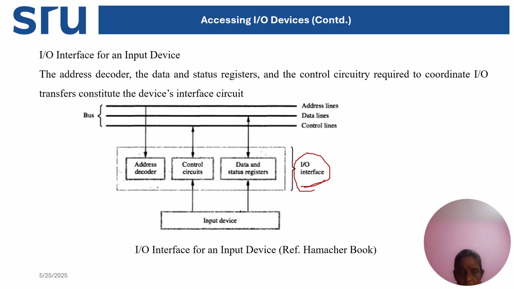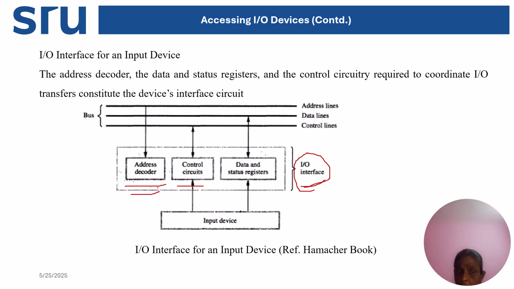The IO interface circuit consists of an address decoder, control circuits, and data and status registers. Address decoder means that after getting the address data, it has to decode and recognize which IO device is called or addressed.